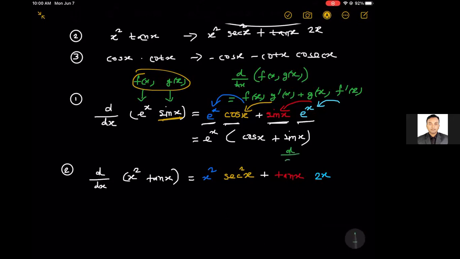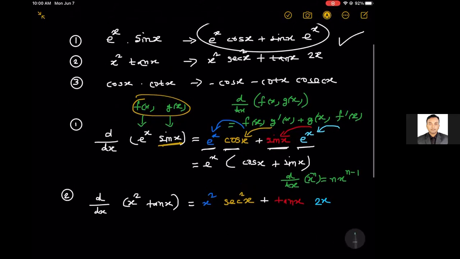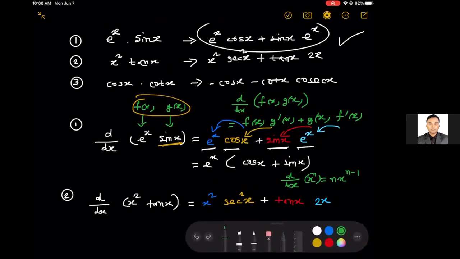The derivative of x to the n is nx to the n minus 1, where this n is 2 for our problem. So 2x to the 2 minus 1, which is 2x, right? Okay, so again, it's exactly the same as group 2 did. So bravo to them. They did a great job.